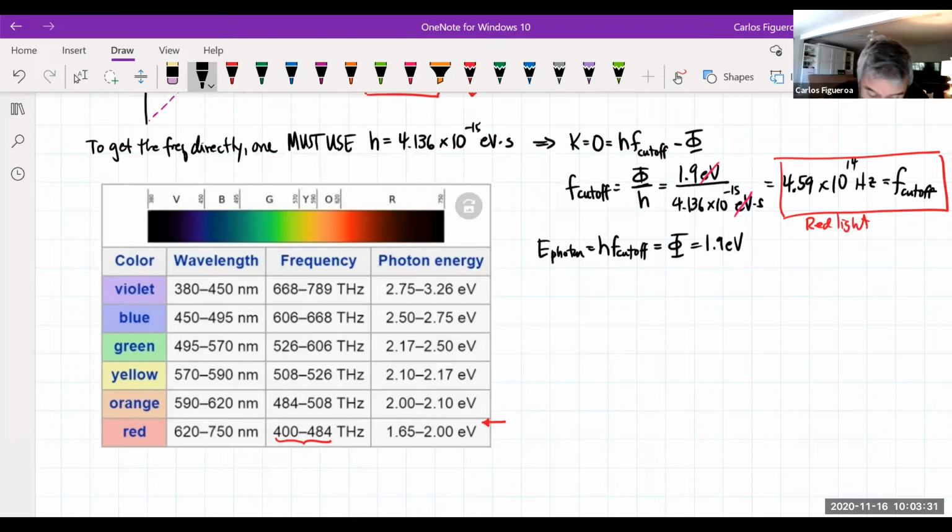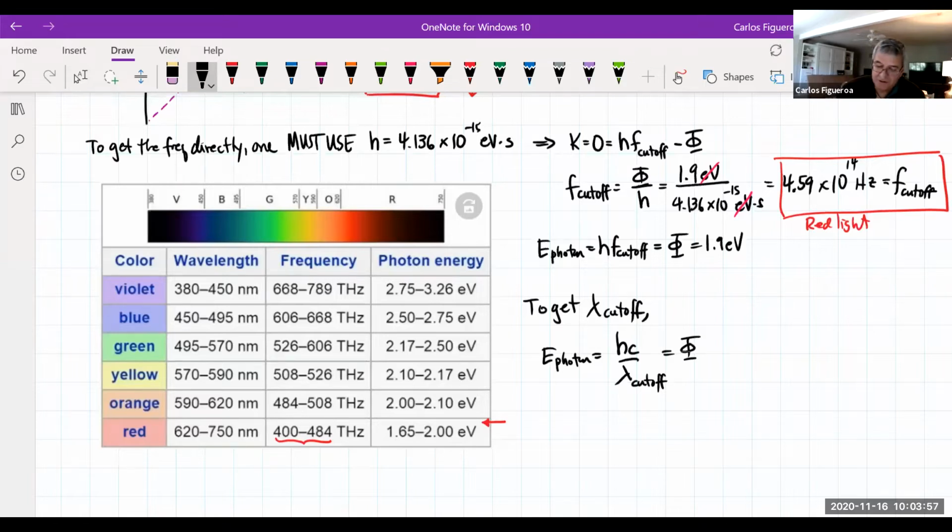wavelength here? The wavelength requires a different calculation, which we've already done here. To get lambda cutoff, we could just say that the energy of the photon, which is equal to hc over lambda, if this is the minimum energy, also has to equal the work function.